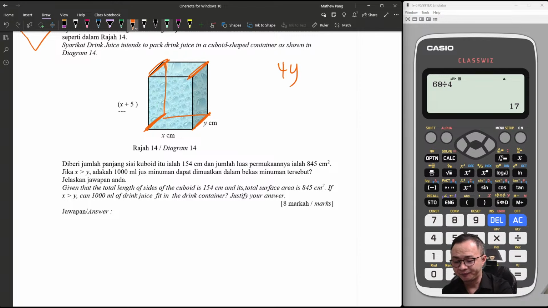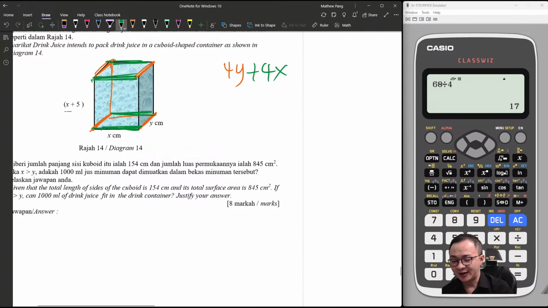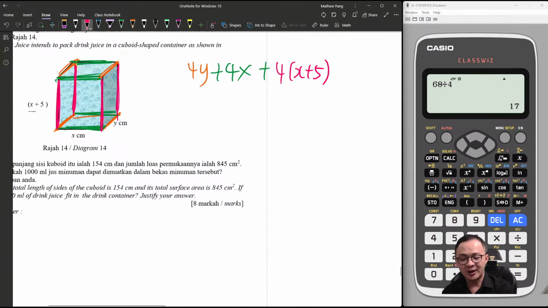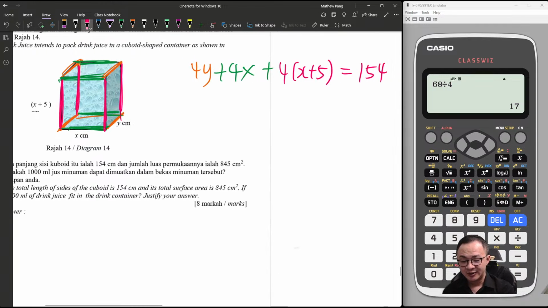For your x, you should have 1x, 2x, 3x, 4x. So you have 4x. And then for the x plus 5, you have 4 also. Because x plus 5 is something like this, 1, 2, 3, 4. So you have 4 of the x plus 5. Then you add all together and it will equal 154. Done. This is the first equation.